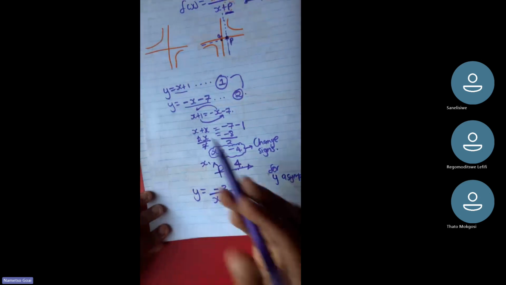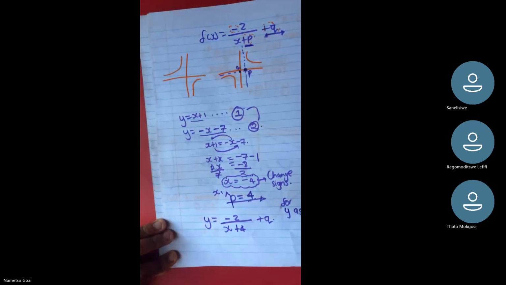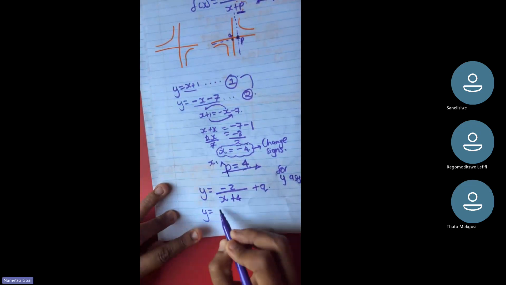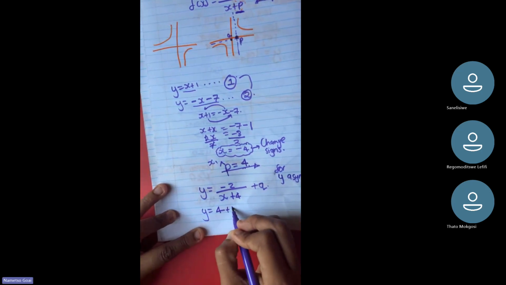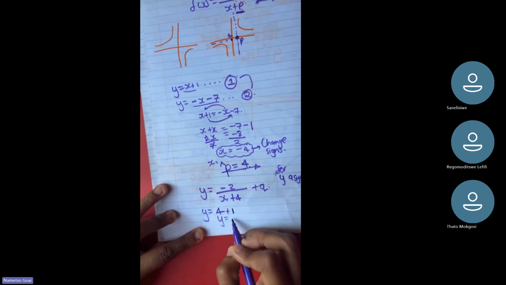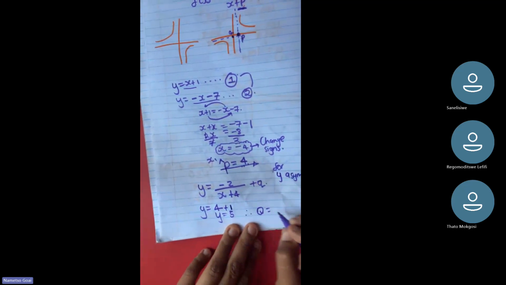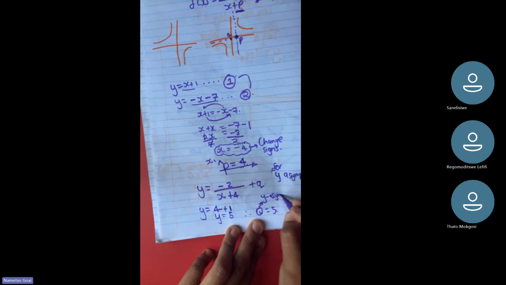Let's substitute it into the first function. So y equals 4 plus 1, so our y will be 5. Therefore, our q will be 5.